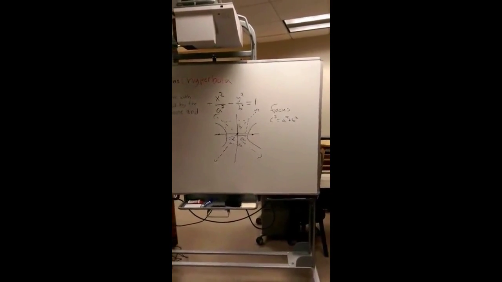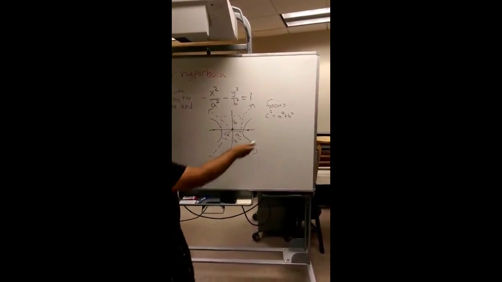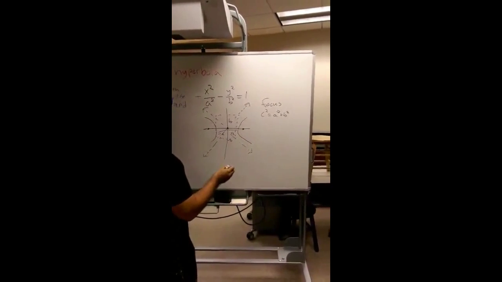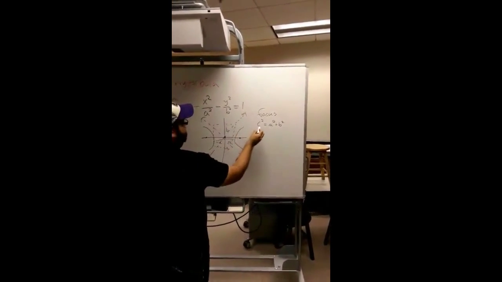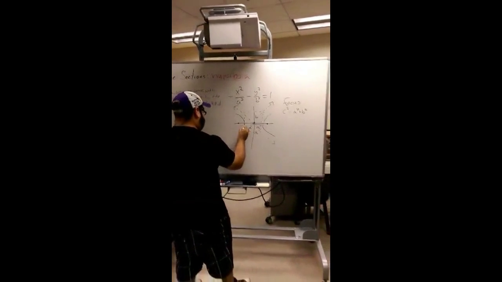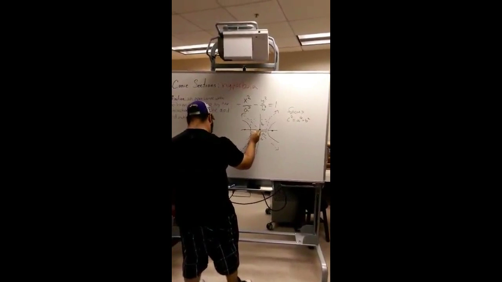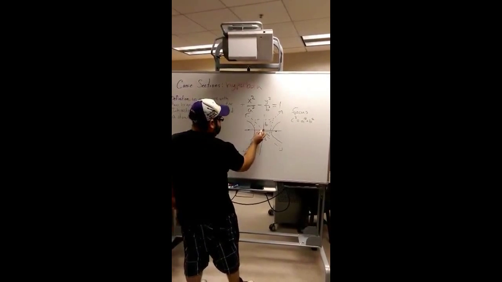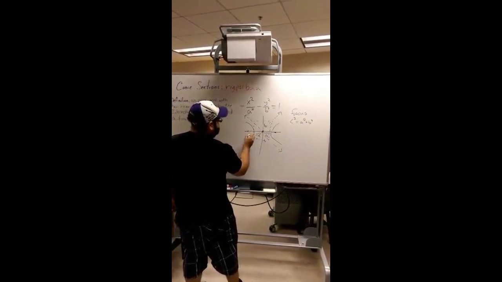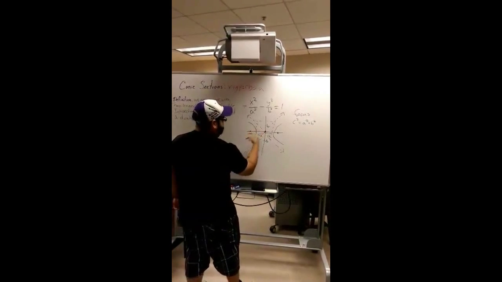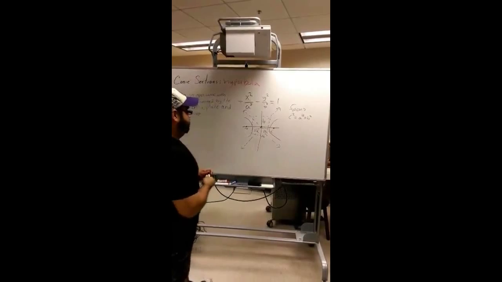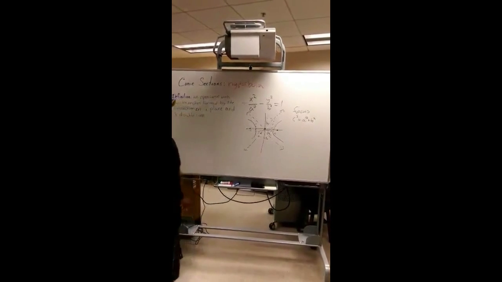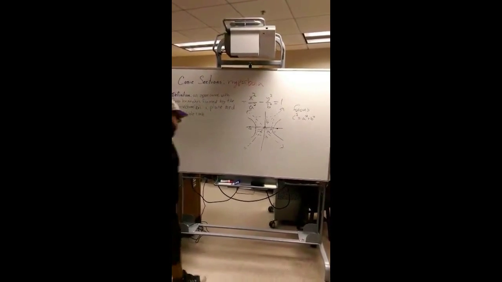Actually, it is a Pythagorean theorem, but it's also an equation to find the foci. So if you were to plug in a and b, you would be able to find c, and therefore the distance between here to here would be your c. It's negative, it's going left. From here to here would be your positive c. And that's how you'd be able to find out what your focus is.